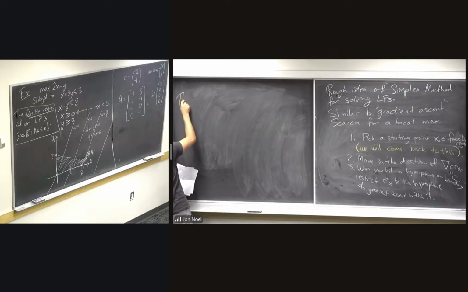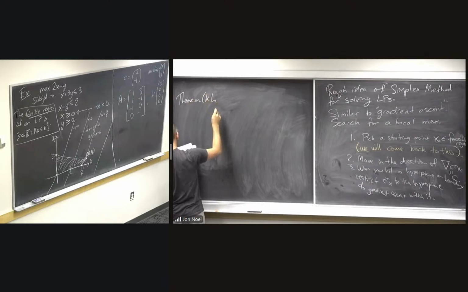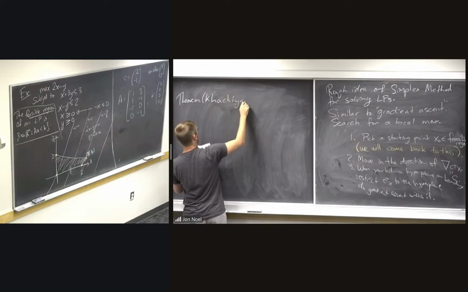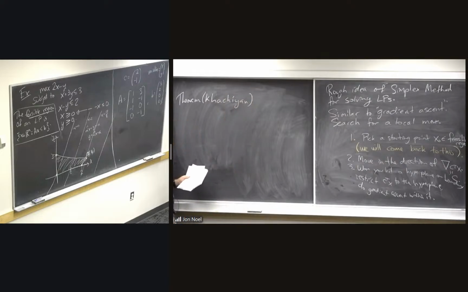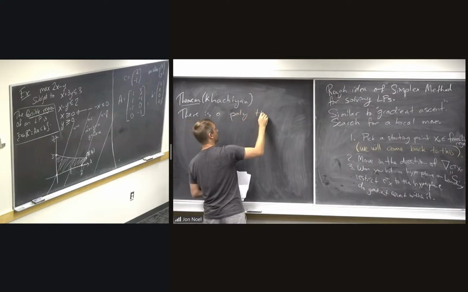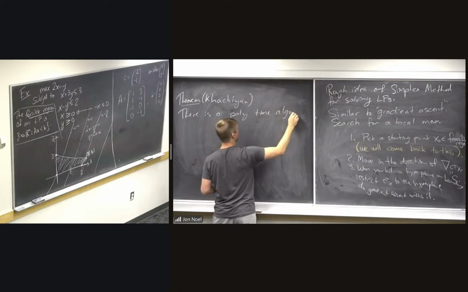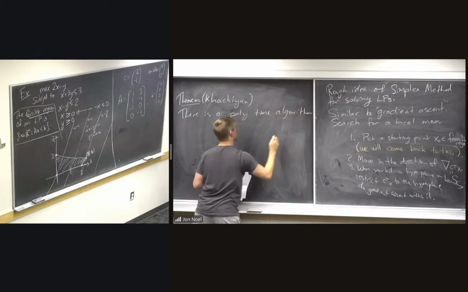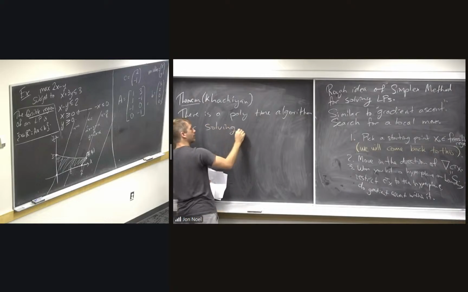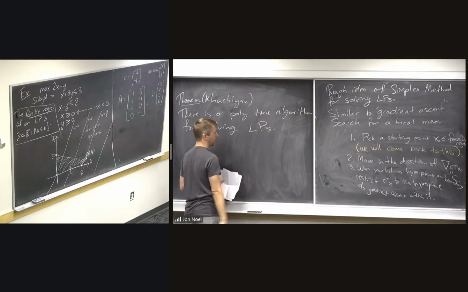This was a theorem first proved by Khachiyan, that there is a polynomial time algorithm for solving linear programs.